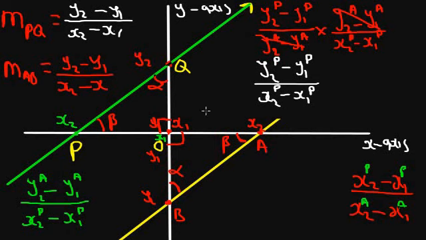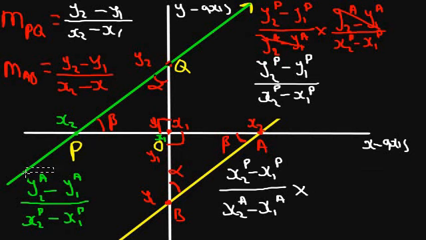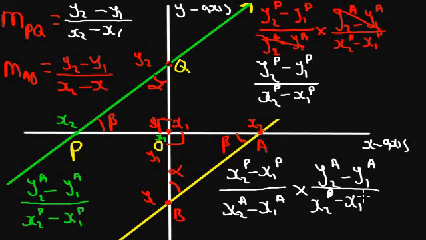For the right hand side, I'll have x2 raised to p minus x1 raised to p divided by x2 raised to a minus x1 raised to a, to be multiplied by this. We are multiplying it with y2 raised to a minus y1 raised to a, all divided by x2 raised to p minus x1 raised to p.